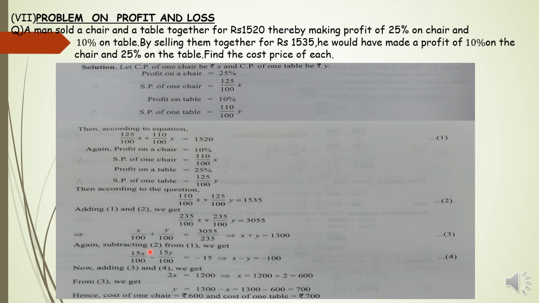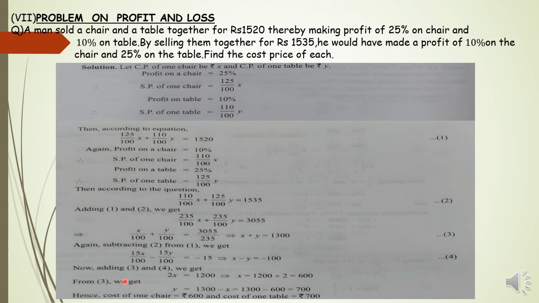Then what will be the next step? Subtracting 2 from 1, we will get 235 by 100 x minus 110 by 100 into x is equal to 15x by 100 minus 15y by 100 is equal to minus 15. Dividing throughout by 15 and taking the LCM, we will get x minus y is equal to minus 100.